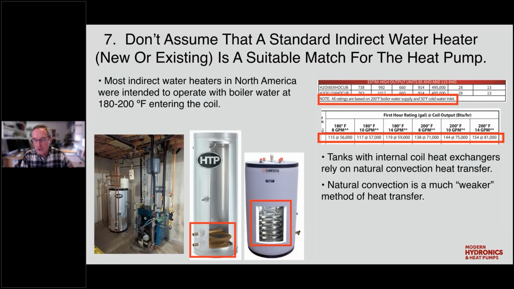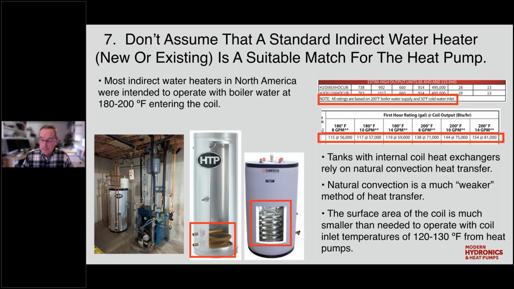Forced convection is what you have when you have a circulator pushing the water through. What is called the boundary layer between the bulk of the water flow and the surface that we're trying to drive heat through is much thinner when we have forced convection. So the bottleneck in heat transfer is not the inside of the coil, it's the outside of the coil.